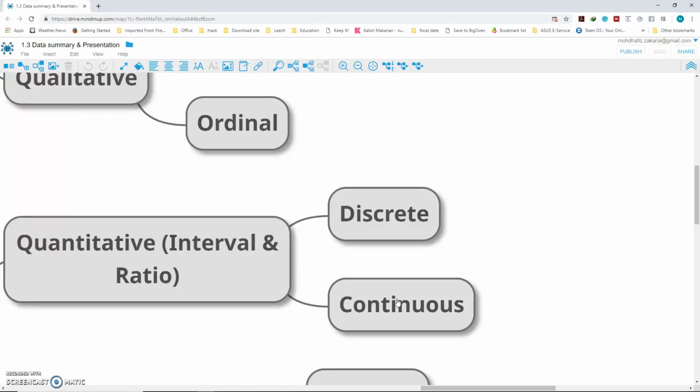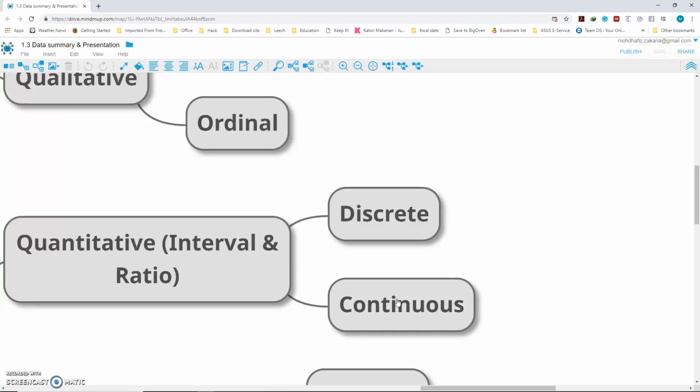For height, you have 124.4, which uses 1 decimal. And then you have income, 5,800.50, or 7,360.85, so 2 decimals. But that is not the limit. For continuous, it can go further than that. It can go more than 2 decimals, 3, 4, 5, 6, you name it. So that's why the name is continuous.